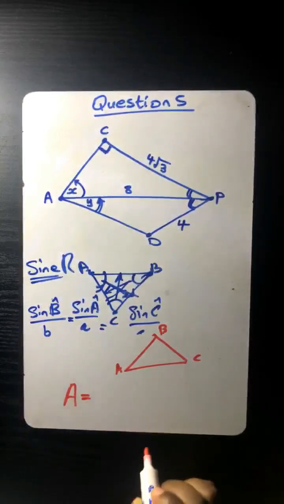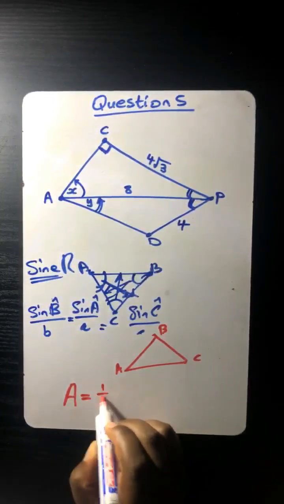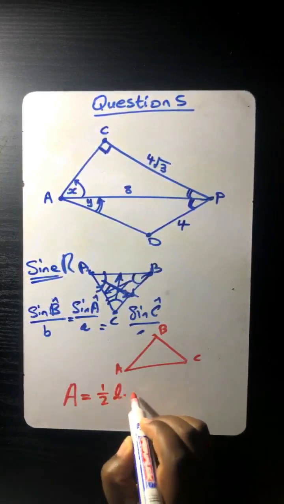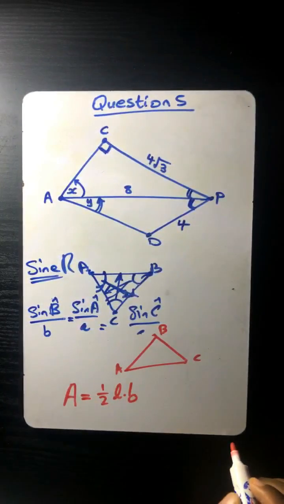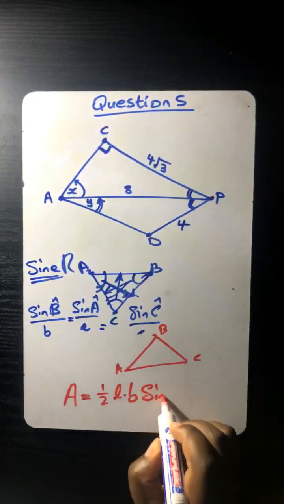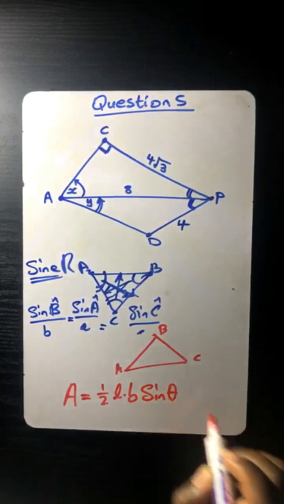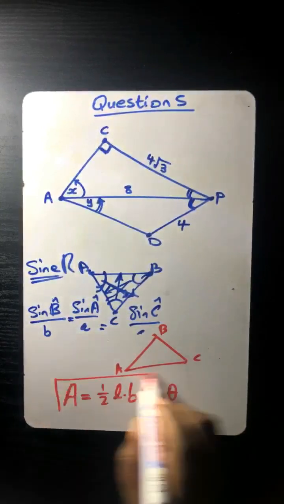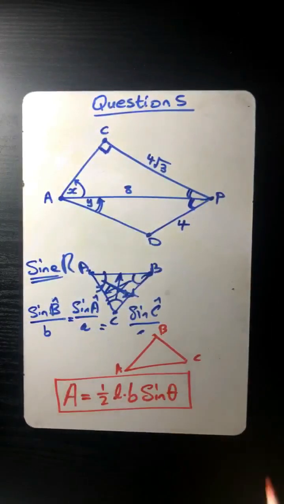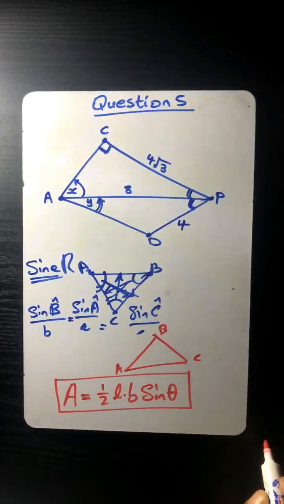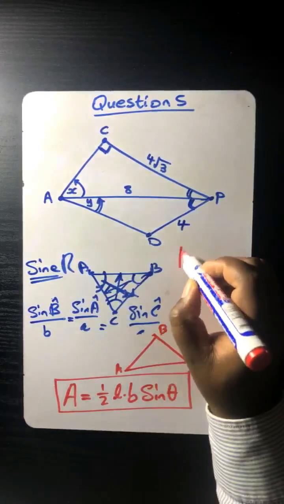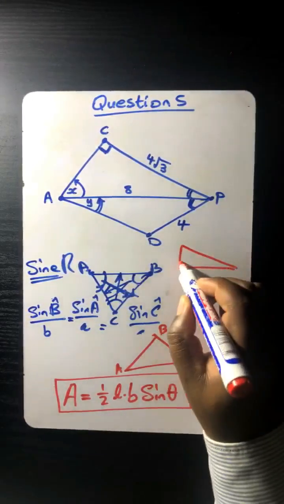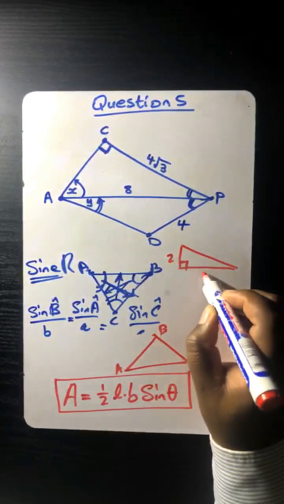We know the area of a triangle is half, let's say, length times breadth. Most importantly, there is always sine of an angle there. This is the general formula for calculating the area of a triangle. Sometimes you might have something similar to that. Let's say this is 2 and this is 4.